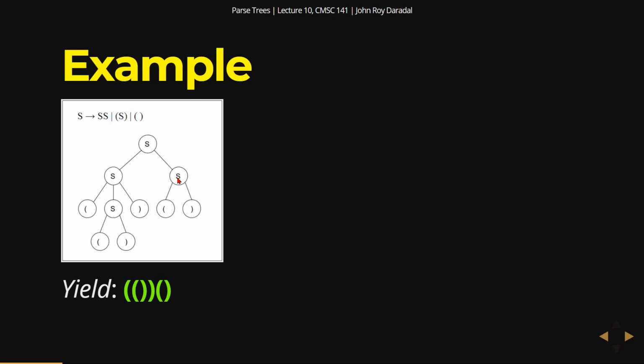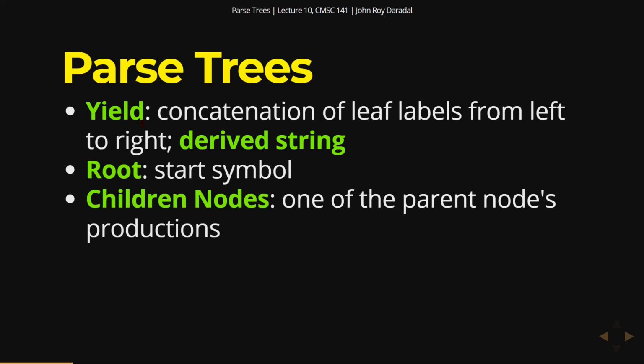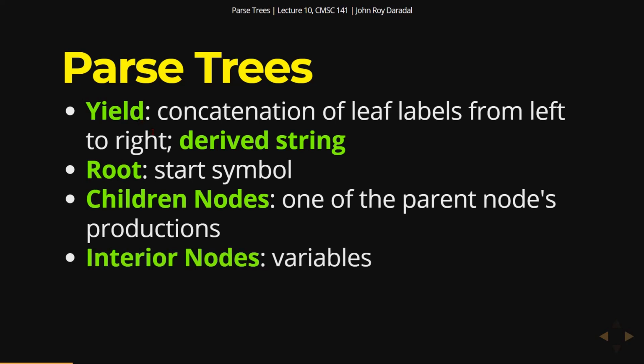And then for S here, it's replaced with the open close, which is one of the productions of S again. Okay, and then the interior nodes are always variables. Okay, so if it's a variable, you always replace it with another production. Okay, so that the leaves should only be terminals or epsilon.